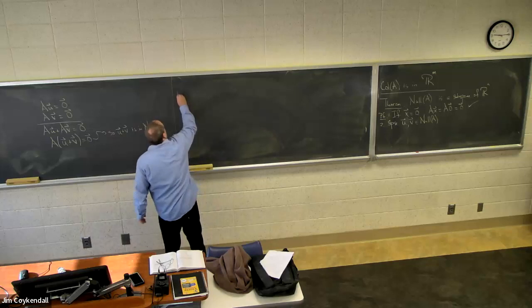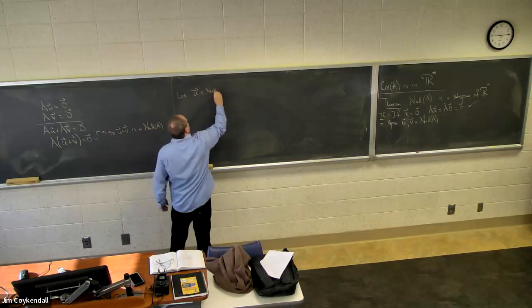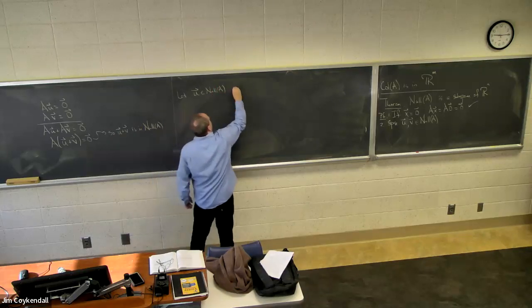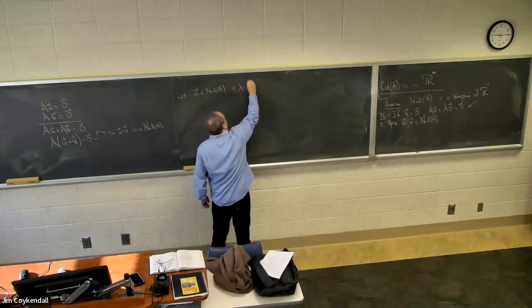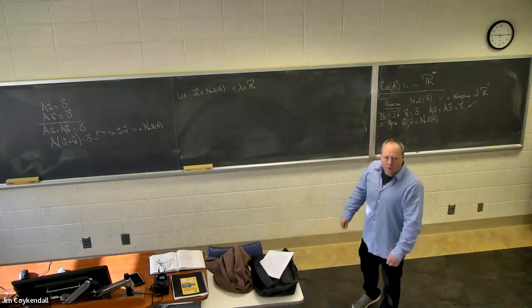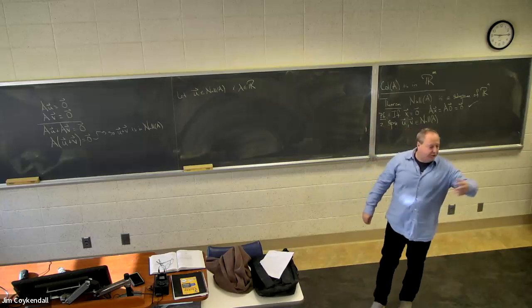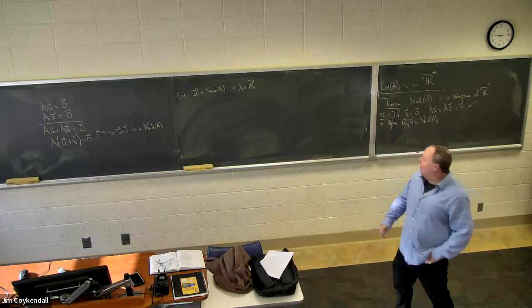So let u be in the null space of A and lambda some real number. We need to show that when you multiply u by its number, it still lives in the subspace, right?